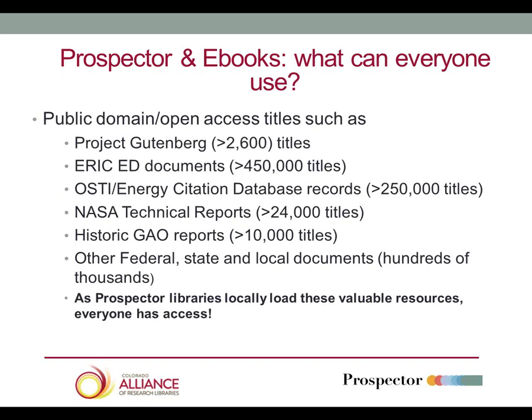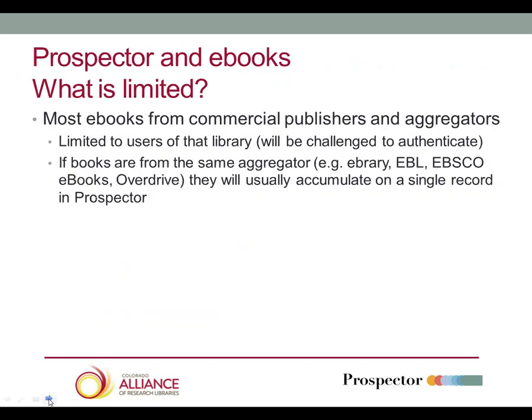We have over 2,600. You can do the same thing for any of these documents you see here. That's one way to discover what's in Prospector. And in Encore, you can use the tag clouds or the facets to limit to a particular e-resource, or to limit by subject.